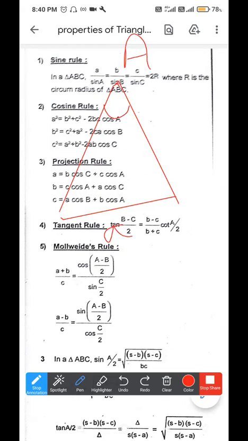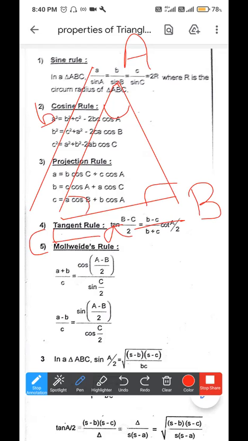Then the small a is your length. This capital B is your angle. Then the small b is your length. Here is capital C, your angle. Then the small c is your length. Got it?